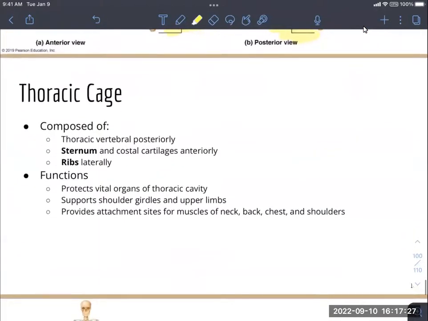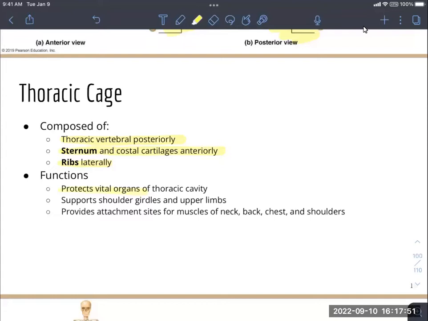So let's quickly look at the ribs. Our thoracic cage is composed of the sternum, the thoracic vertebrae, and our ribs. They all make up the thoracic cage technically because it's all enclosed once it's all together. So it helps to protect your organs, your heart, your lungs.